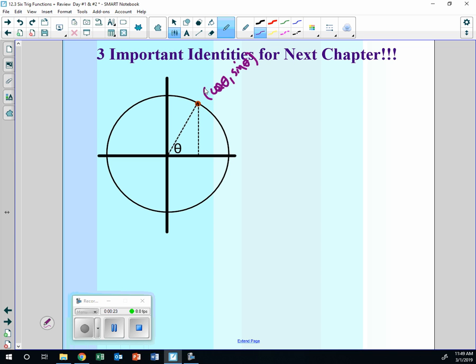We're not going to prove sine and cosine, they're just definitions which we got before. But that's because this is cosine and this is sine of theta. Is that all right? And then this is going to be 1 because it's a unit circle.